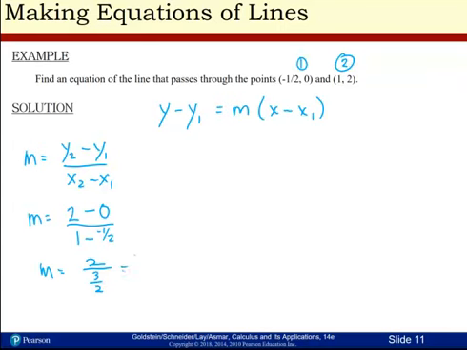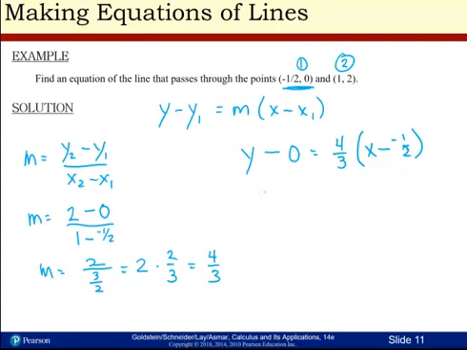That gives me 2 divided by 3/2, so I'll flip and multiply, so that's going to be 2 times 2 over 3, which equals 4/3. So the slope is 4/3. Choose any point. I happen to like this one. y minus the y value from that point, that's 0, equals 4/3 times x minus the x value from that point, so that's -1/2.